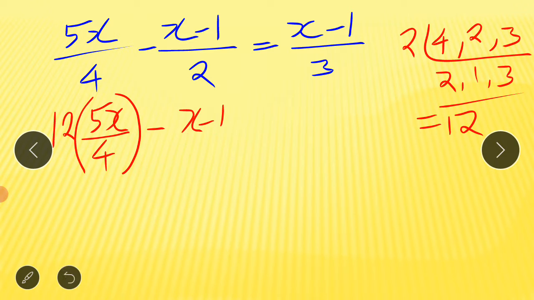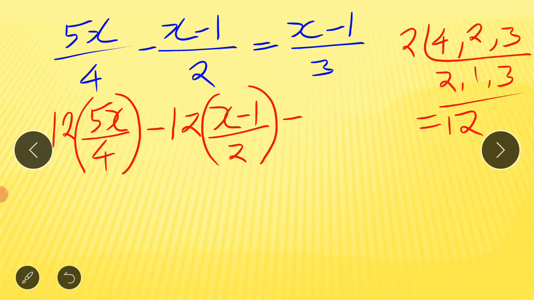We can write on the left hand side or right hand side, it's our wish. The LCM, that is 12, should be multiplied by every term, equal to 12 into (x − 1)/3.